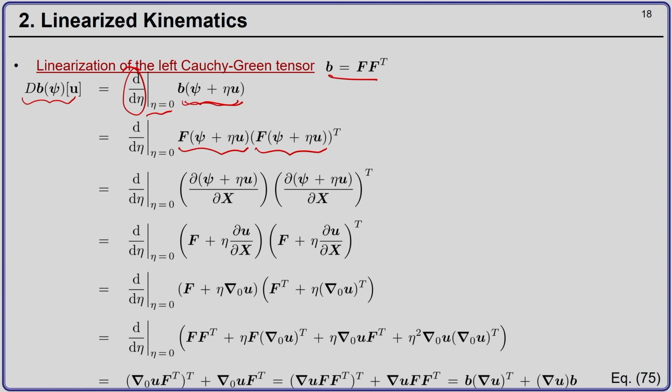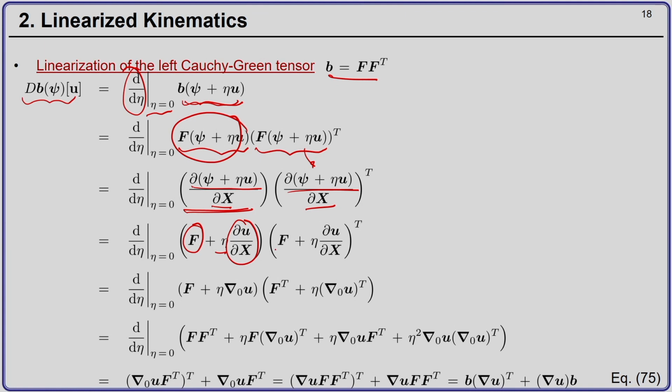Now, this we have already seen during linearization of the deformation gradient tensor. This is nothing but del (psi plus eta u) divided by del x, and the second quantity will be del (psi plus eta u) divided by del x transpose. So, opening up the bracket here, we will have del psi by del x, which is nothing but F, and eta times del u by del x.